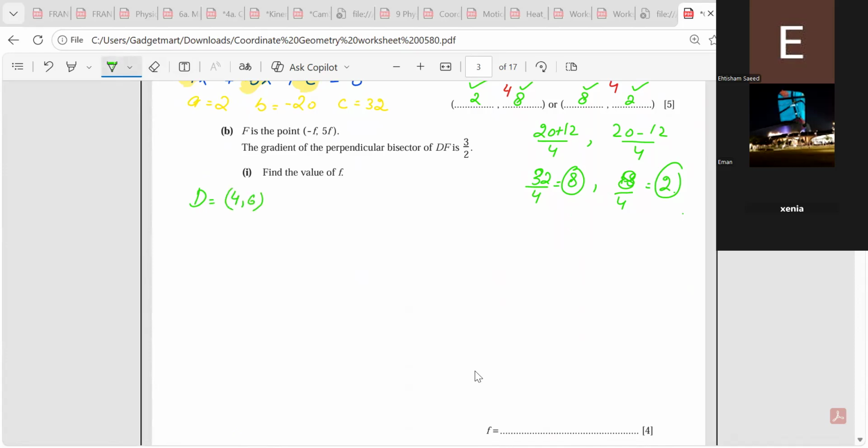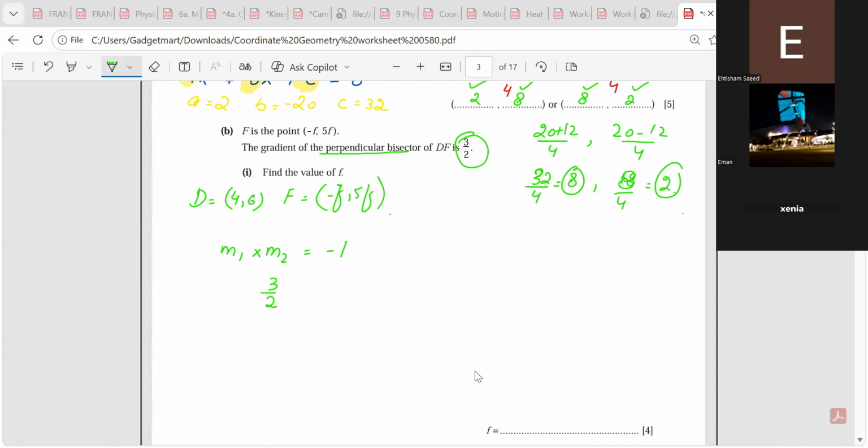Okay, and F is minus f and 5f. So gradient of the perpendicular bisector is already given, right? So we have already known that, for example, m1 multiplied by m2 equals minus 1. ठीक है जी? We know that m2 is given in this case, that is 3 by 2, because perpendicular bisector is m2.